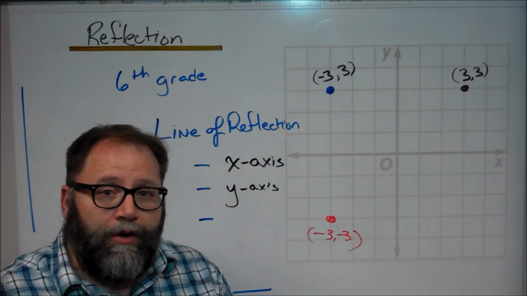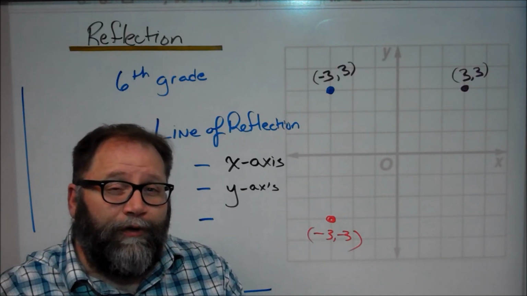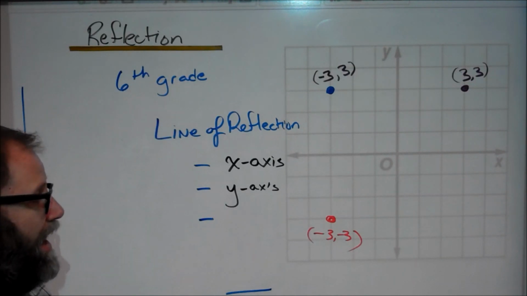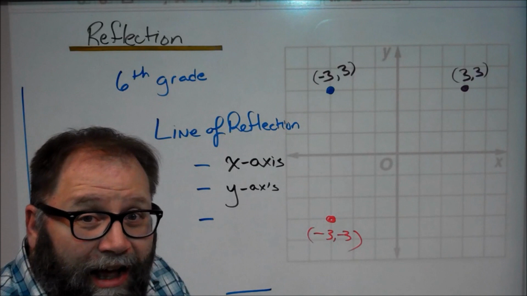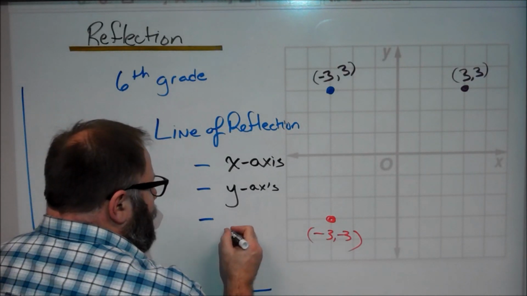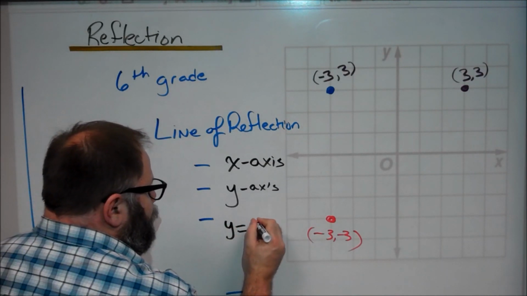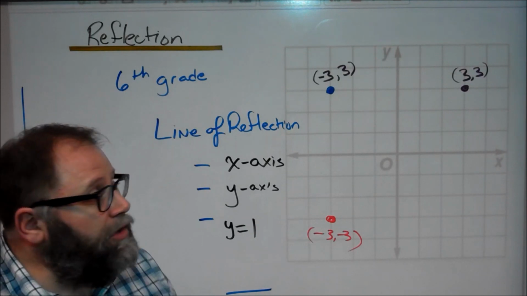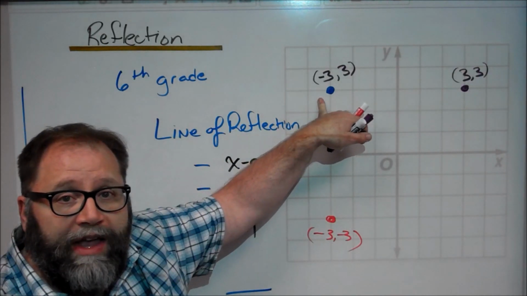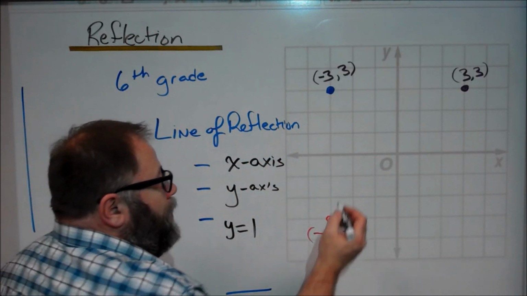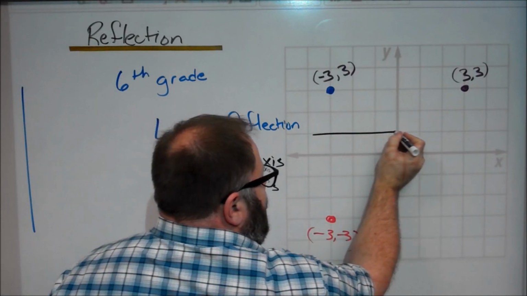Now, what's also true, though, is that we could reflect something across a different line. So let's say that that line was, really any line, frankly. Let's say that that line was y = 1. So if we were to reflect this point across y = 1, y = 1, of course, is that horizontal line that sits right here.